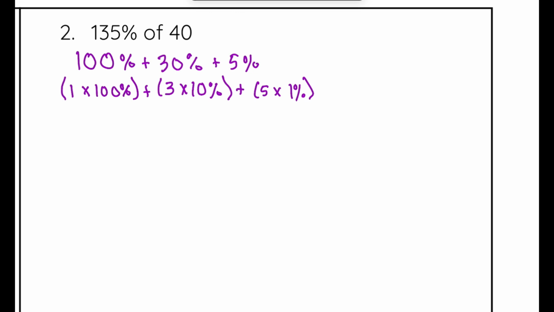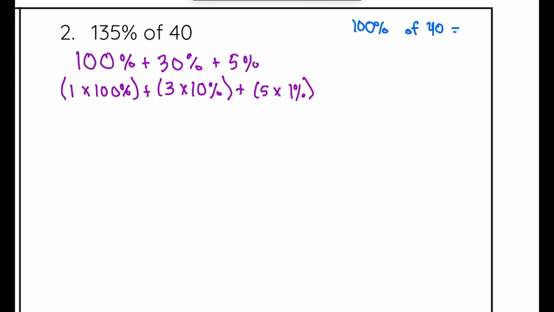So now that we have rewritten 135% as a sum of multiples of 100, 10, and 1%, we can calculate 100, 10, and 1% of 40. We'll start with 100%. So 100% of 40, well, 100% just refers to the whole amount.